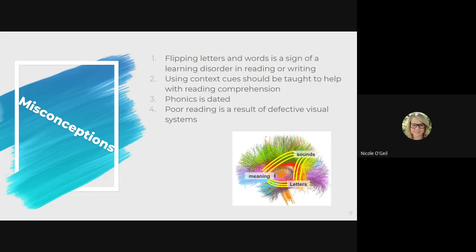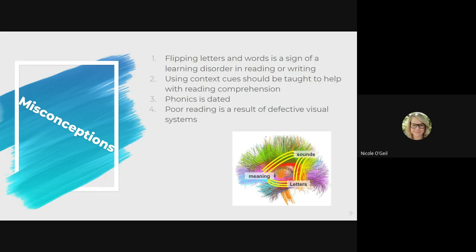But when no visual or hearing deficits exist, LDs, learning disorders in reading or writing, are not a result of visual difficulties. So visual tracking is often one that people hear of. Learning disorders are brain-based. They're not caused by visual deficits.